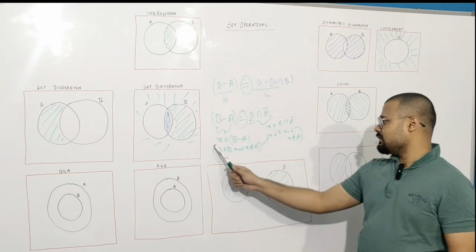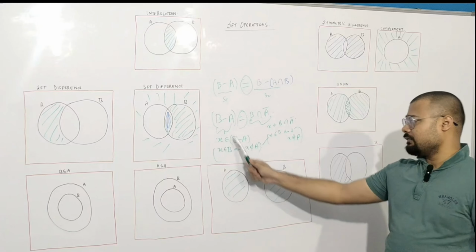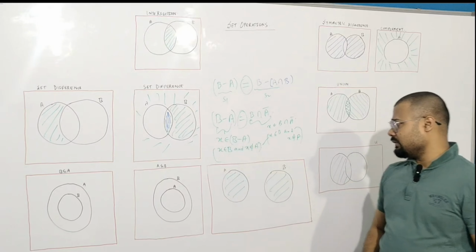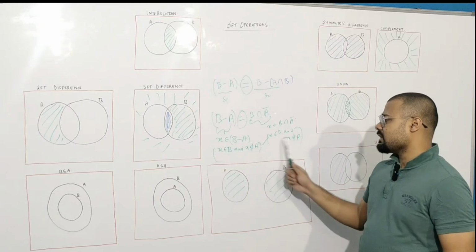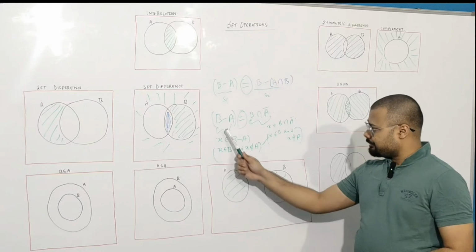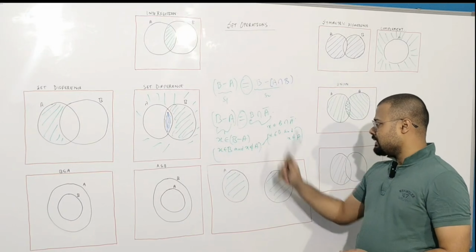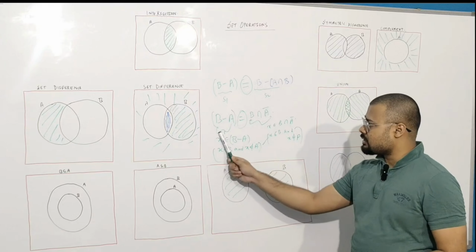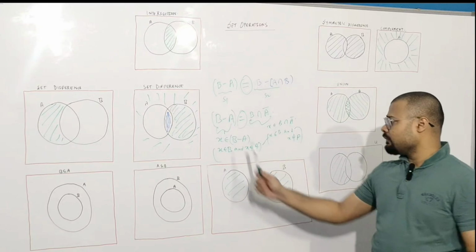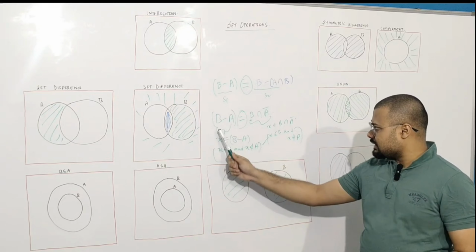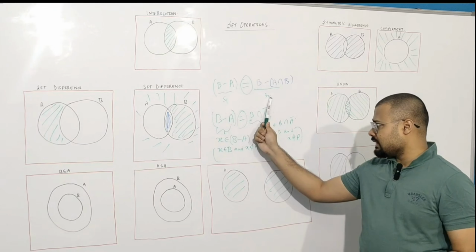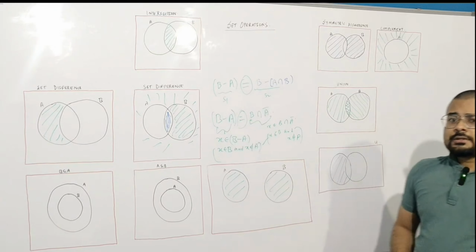The other way is to go to the very fundamental level of definitions and prove that both sets are equal. You can prove that every element in this set is also an element in this, and every element in this is also an element in this, which is to prove that this set S1 is a subset of S2 and set S2 is a subset of S1.